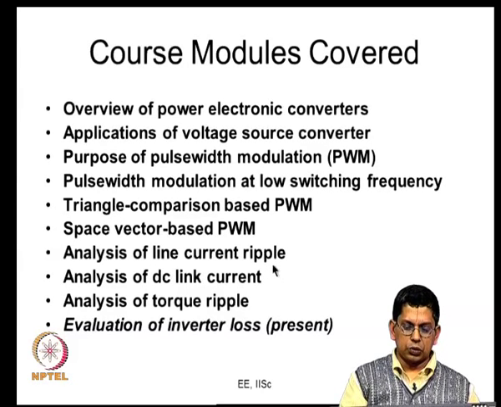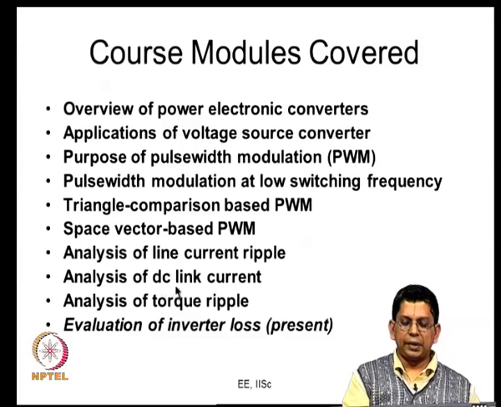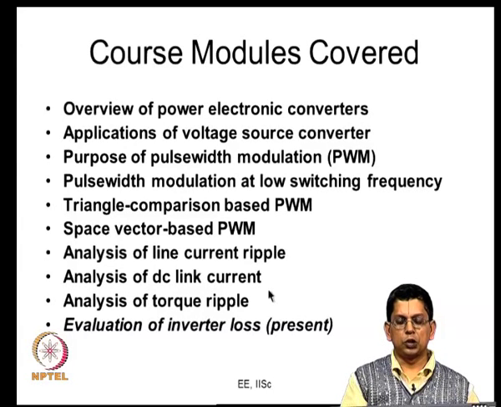We also showed that some advanced space vector PWM methods could be better in terms of torque ripple. We also evaluated the DC link current for various methods, and showed that the RMS value of DC link current is largely independent of the PWM method you use.